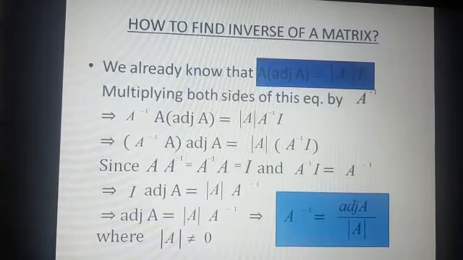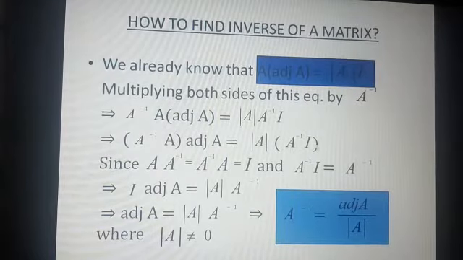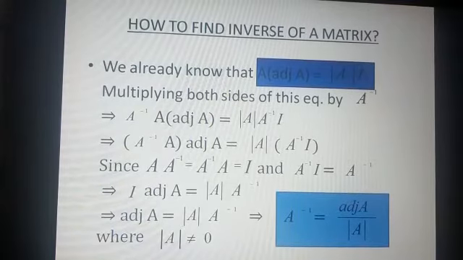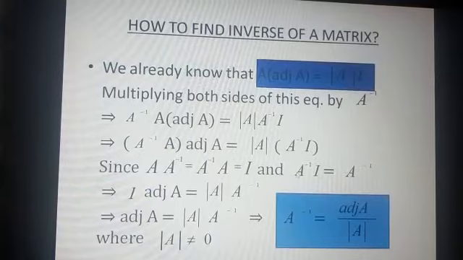So in place of A inverse into A, I can write the identity matrix I. Similarly, when you multiply A inverse with I, you get A inverse.